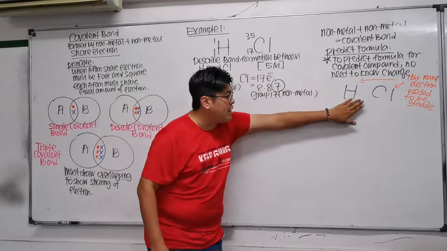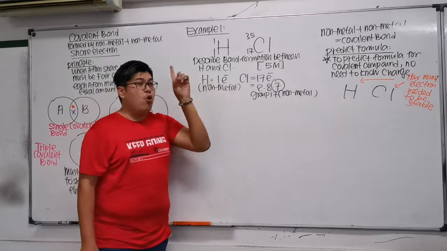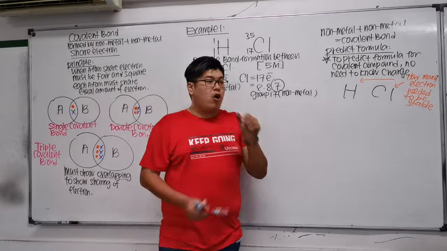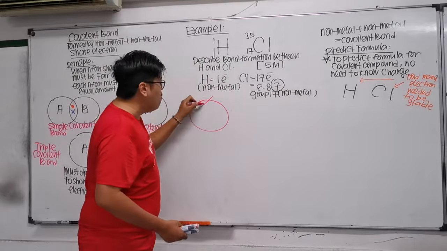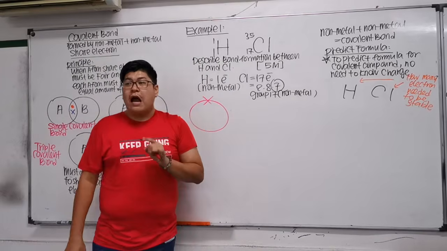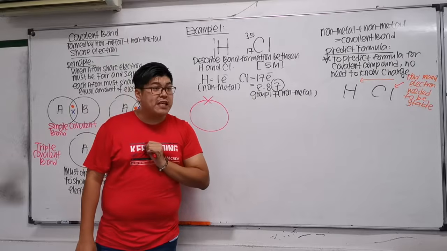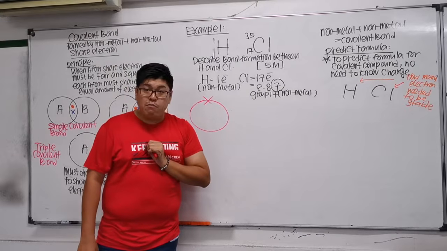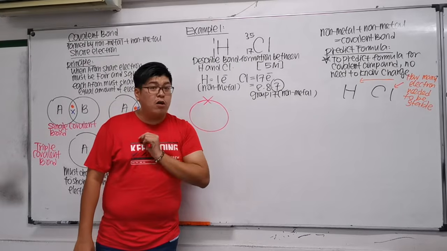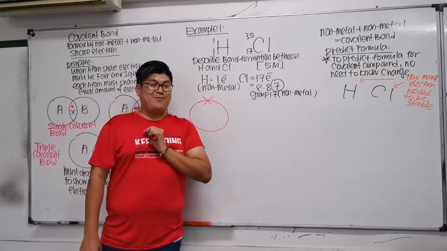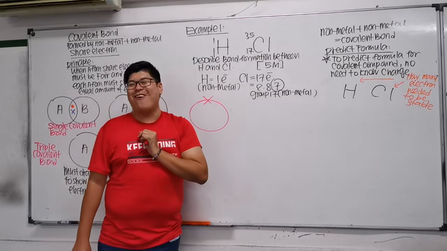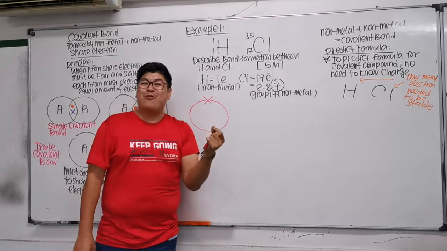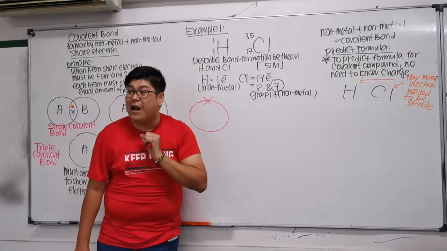Let's start with hydrogen. Hydrogen has how many electrons? 1. So when hydrogen has 1 electron at the moment, how many electrons does it further need to be stable? 7? No. 1 more. 1 will do. Why?